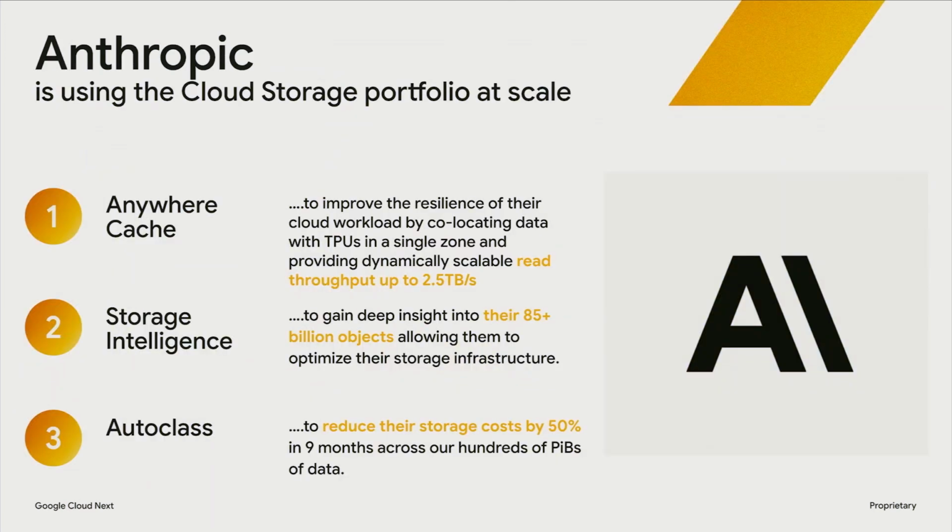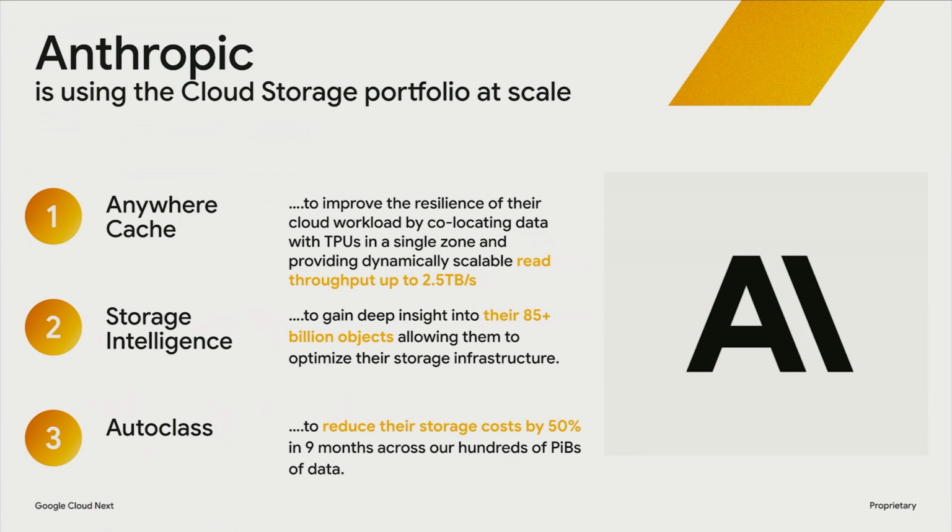So all of these products have been around for some time, and we have some of the largest customers who have been using and adopting these technologies and the capabilities and seeing benefit of it. Anthropic, I think you probably all saw Anthropic at the keynote this morning. Anthropic has been a Google Cloud Storage customer.